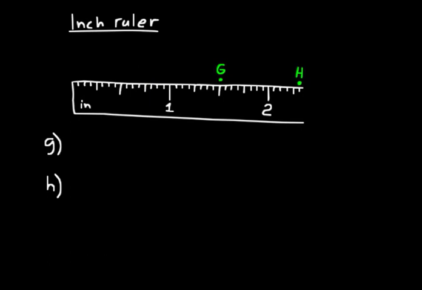Look at practice problems G and H. What I want you to do is just tell me that measurement, how far from the end of the ruler is point G and how far is point H from the end. So you're not measuring a line segment, you're just measuring how far from the end each of those points is. If you think about it, an inch ruler is kind of like a number line, isn't it? Except the tick marks aren't like 1, 2, 3, 4.